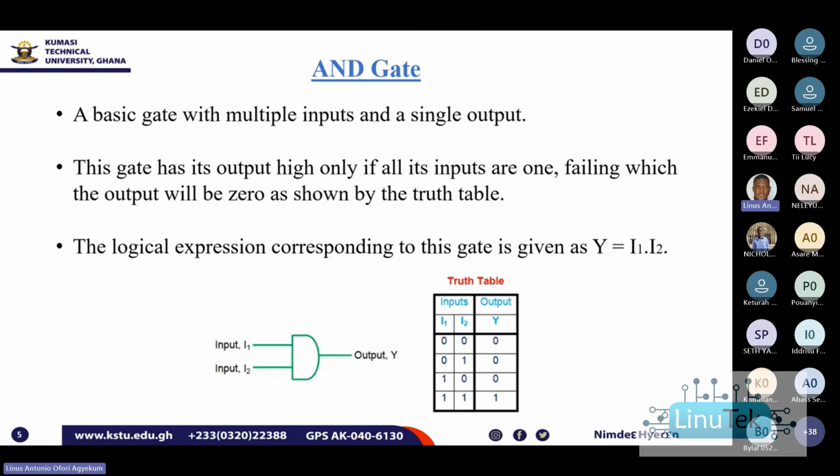So when you look at this truth table, wherever the inputs are 1, 1, you get 1. But 0 times 0 gives you 0, 0 times 1 gives you 0, 1 times 0 gives you 0, and 1 times 1 gives you what? 1. So this is basically how the AND gate operates.